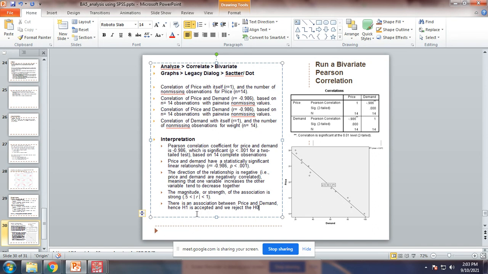So we accept the alternate hypothesis and reject the null hypothesis. This you can also see with respect to the significance value. The p value is less than 0.05. So because of that also we can say that our alternate hypothesis is accepted and we are rejecting our null hypothesis.